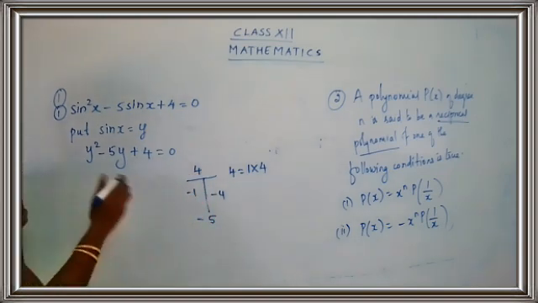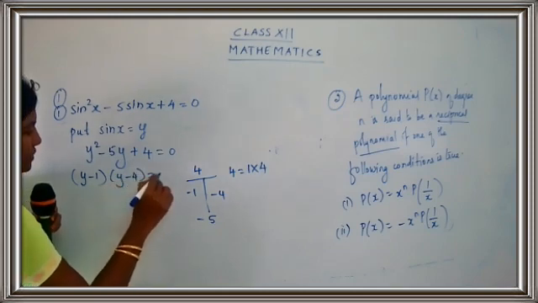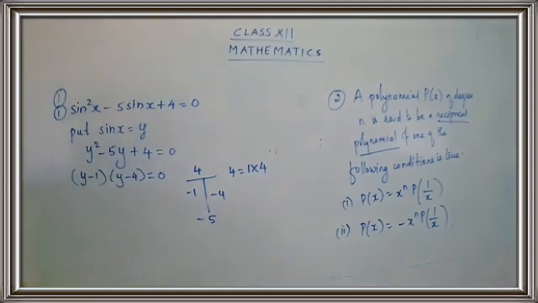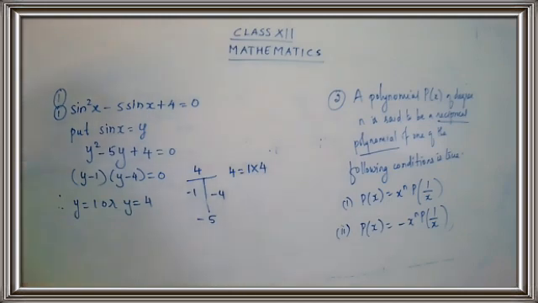So what do you get here? Y minus 1, y minus 4 is equal to 0. So what is the value for y, children? Therefore y is equal to 1 or y is equal to 4.